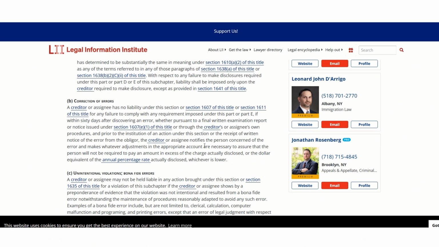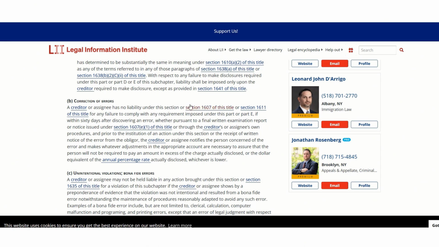right? So if you write them pursuant to the billing error notice and they fix it within 60 days, they have no liability. They can't fix it, especially if the account has been open past 60 days.